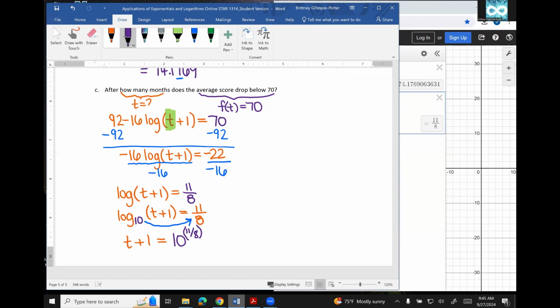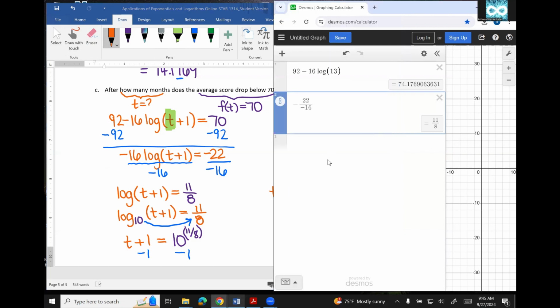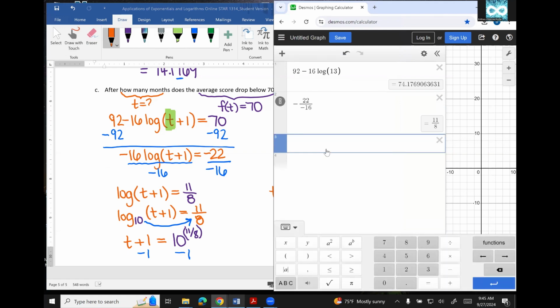One more step, we need to get t by itself, which means that we need to subtract 1 from both sides. And we find out that t is equal to 10 to the 11 over 8, the 11 over 8 is our exponent, minus 1. So let's go ahead and plug that in.